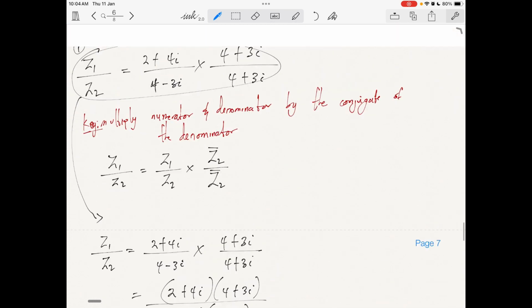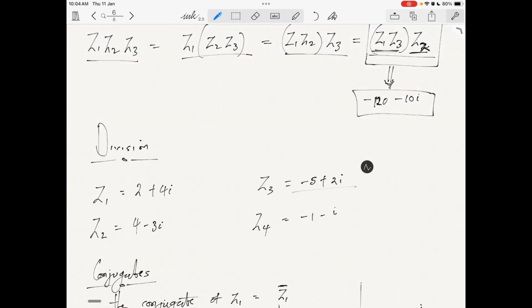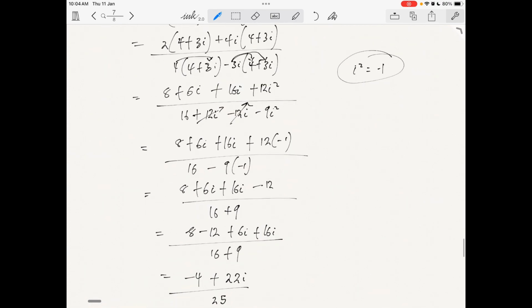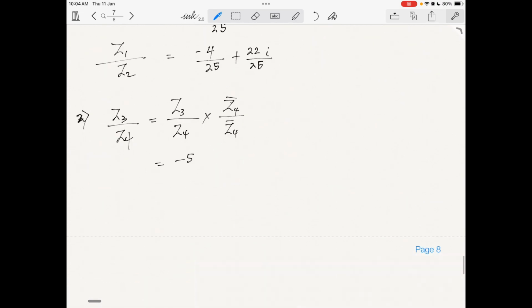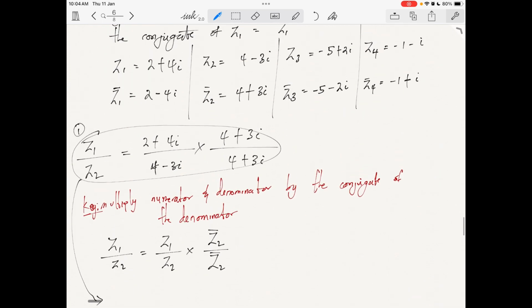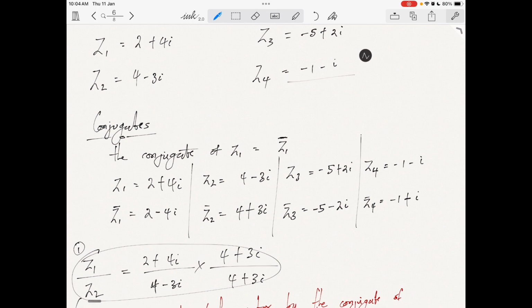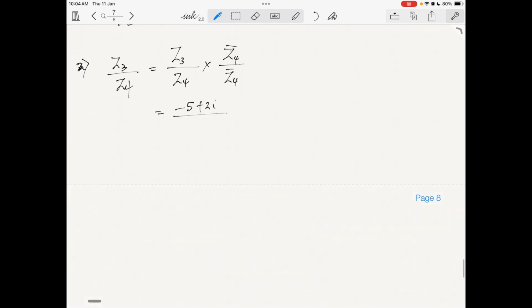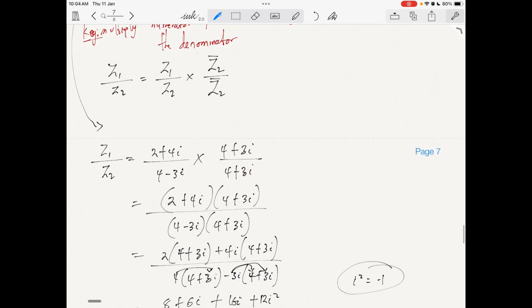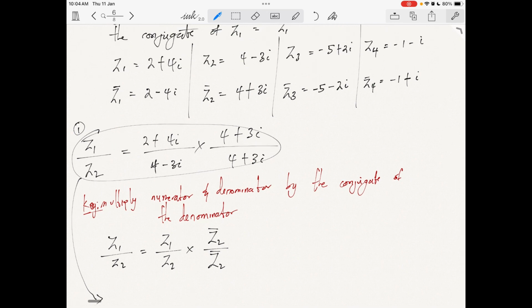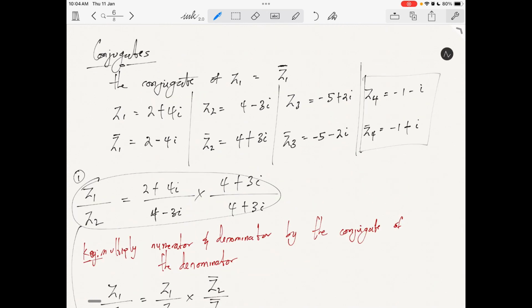Now what is z3? Our z3 from the question is minus 5 plus 2i, and our z4 is minus 1 minus i. And our z4 bar, like we have done here, if you look at this please, we can see that our z4 bar is minus 1 plus i, because we are changing the sign of the imaginary part.